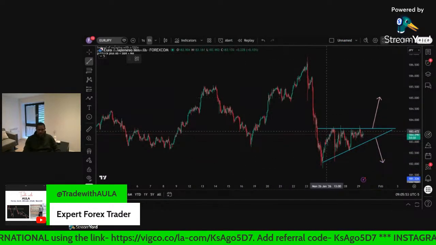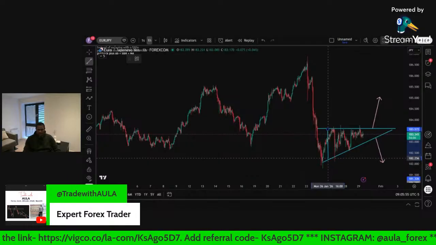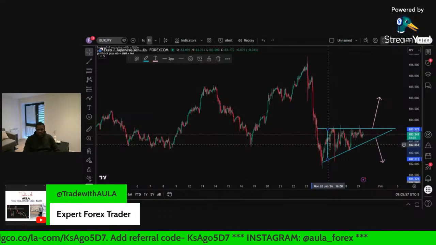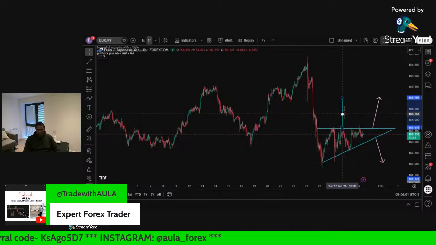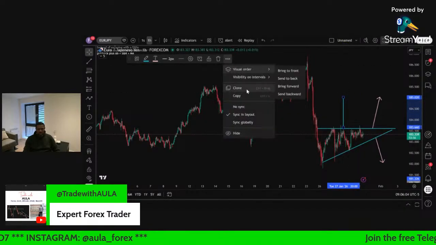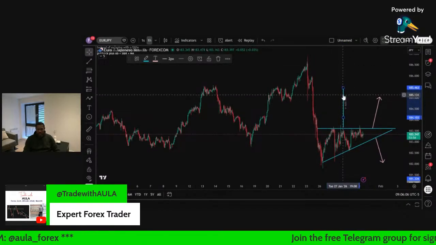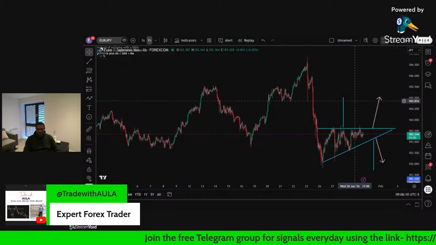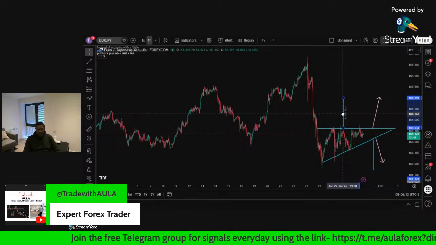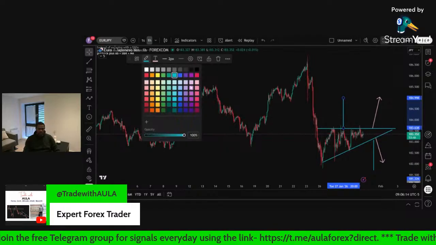And what's my target acquisition? This is my target. If I'm going to be looking here, let me put it here. So I'm going to clone this and bring the other target in case it comes down somewhere here. This is what we'll be looking at. I like to change my colors.